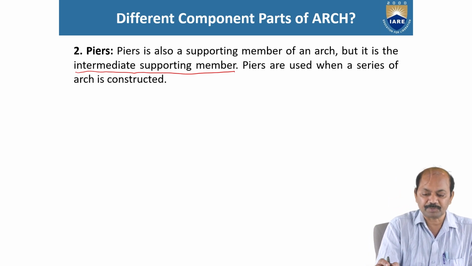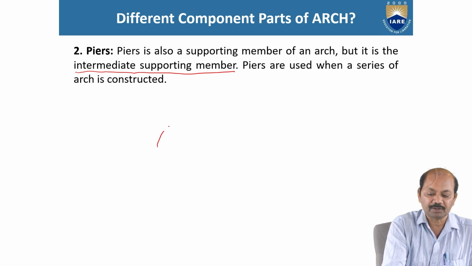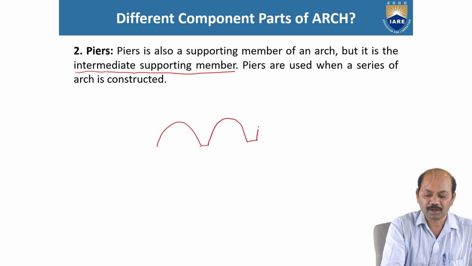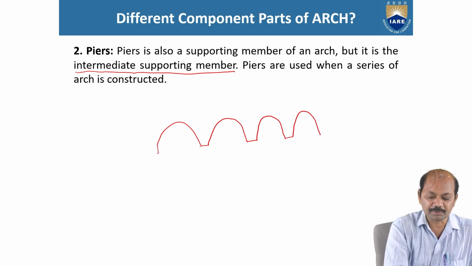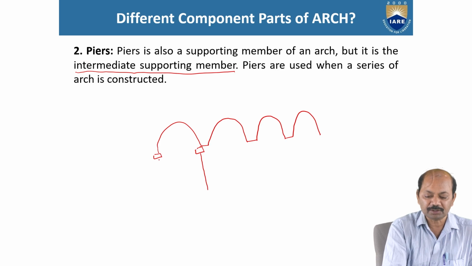That means in many old buildings you can see this is arch and again arch, arch like this, and abutment, abutment, below abutment, these are piers.